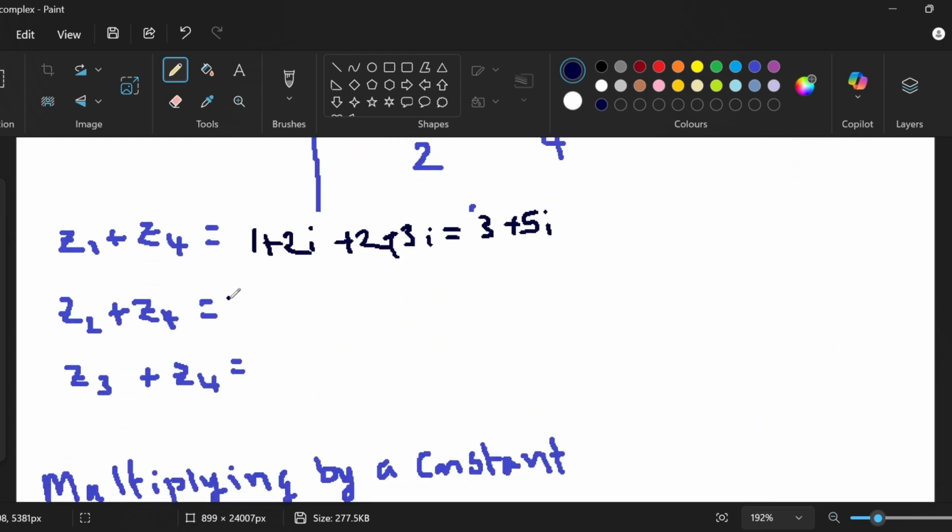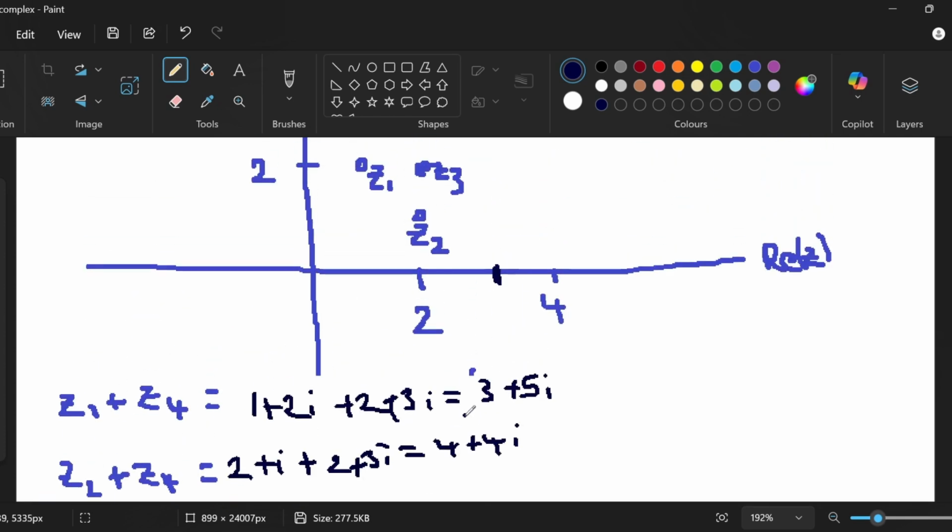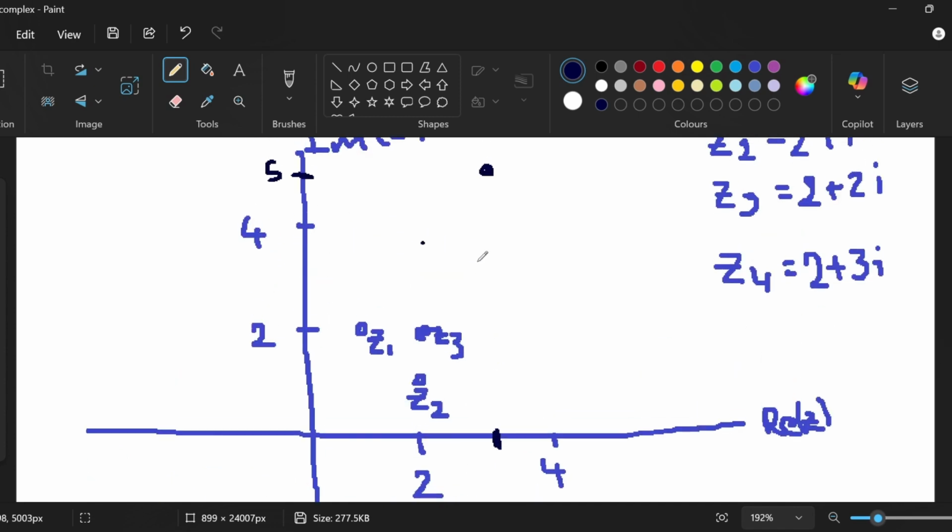z2 is equal to 2 plus i. So for my second problem, I'm going to do 2 plus i plus 2 plus 3i. Add these up and I'll get 4 plus 4i. And when I plot this result by going out 4 units on the x-axis and up 4 on the y-axis, I'm going to end up around here.